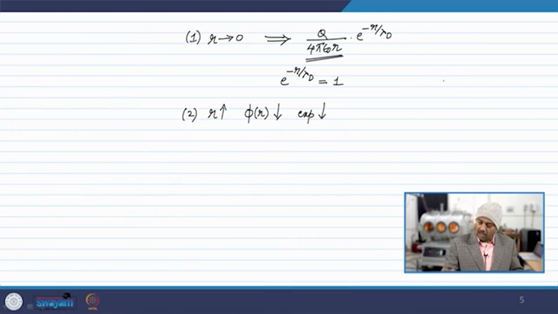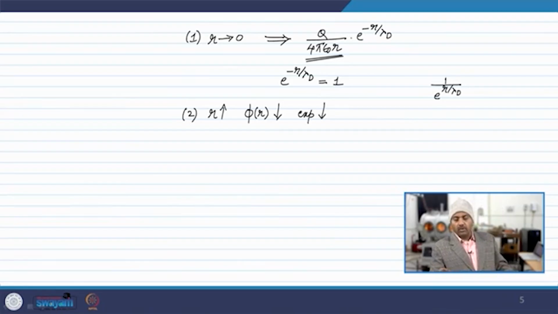E to the power of minus r by lambda d is 1 by e to the power of r by lambda d. When you have increasing r, you are raising the power of this exponential, the denominator will increase, and as a result the numerator will decrease. With increase in r, the denominator will only increase, and whatever is being accounted for this will eventually decrease. This is what is shown here, right.